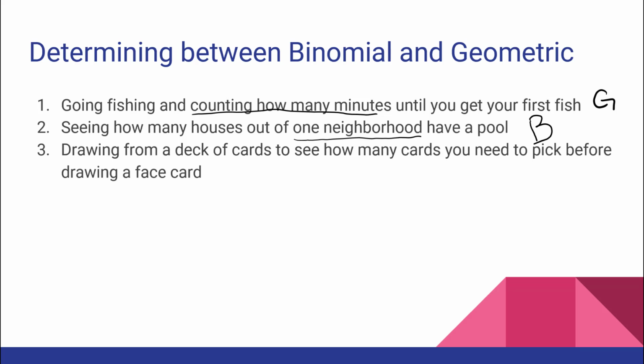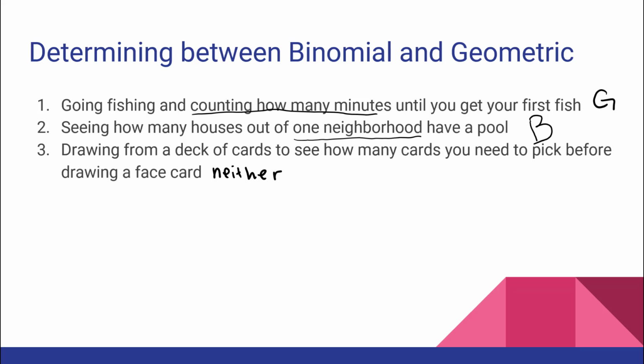Now the last question, because I said one is geometric and one is binomial, that means the last one's neither, but I'll explain why. It says drawing from a deck of cards to see how many cards you need to pick before drawing a face card. There are 52 cards in a standard deck, and there is a condition in the Bernoulli trial conditions that says you cannot sample above 10% of a population.